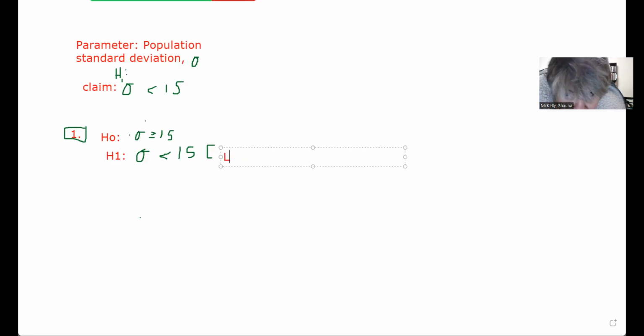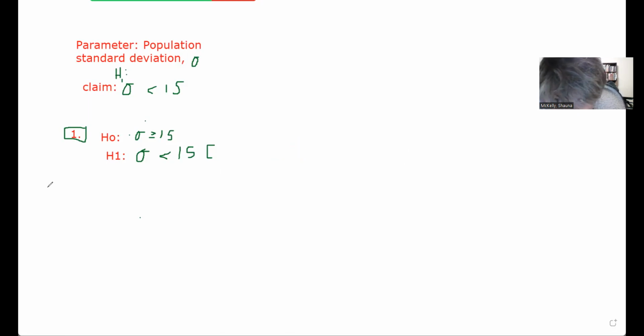Let me move this up and turn caps lock off so that it's not quite as in your face. This is a left tail test here, right? So we've got a left tail test now. And that's step one. Oh, and by the way, this is my claim, and I need to erase this because I forgot to put that.